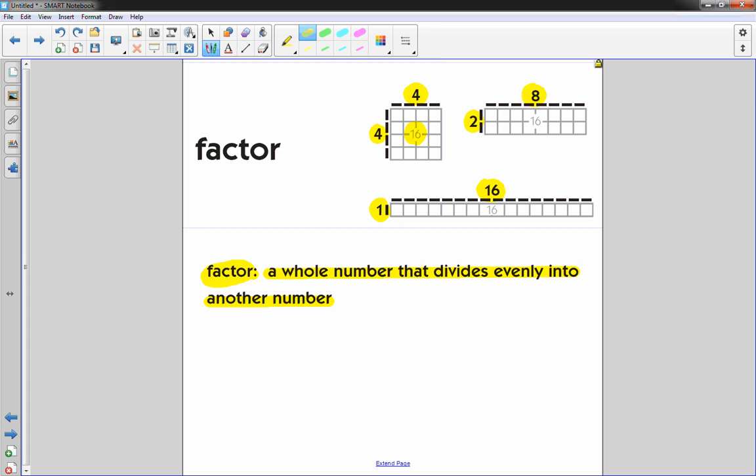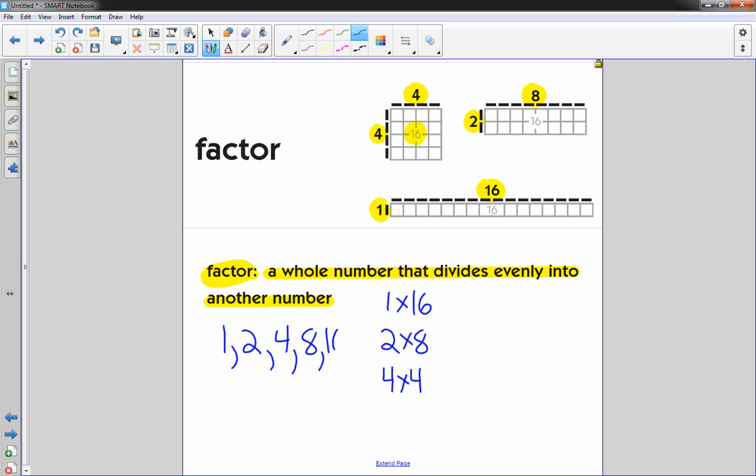In this case, the numbers 1 times 16 equals 16, 2 times 8 equals 16, and 4 times 4 equals 16. I can see that up above. So our factors are 1, 2, 4, 8, and 16 for the number 16.